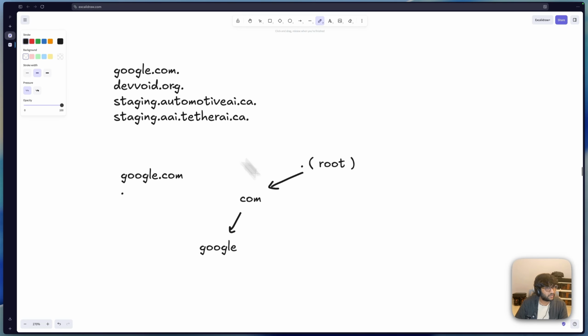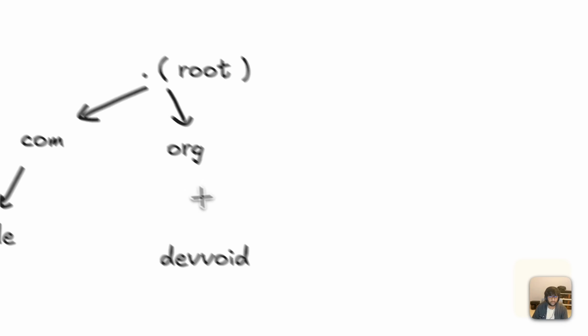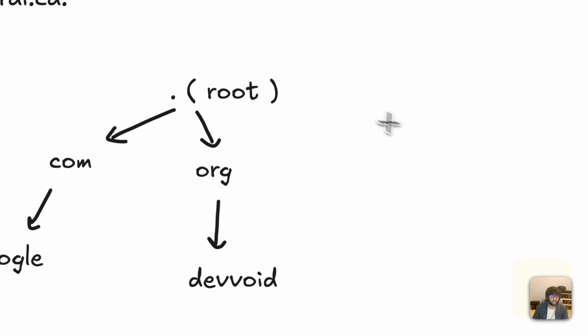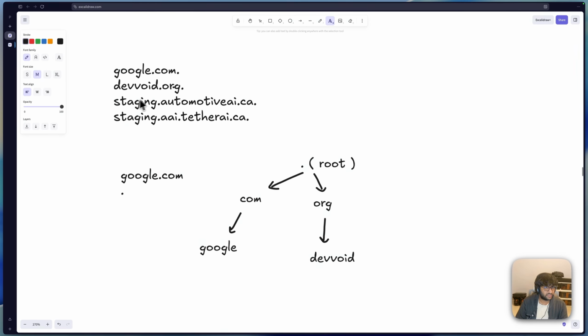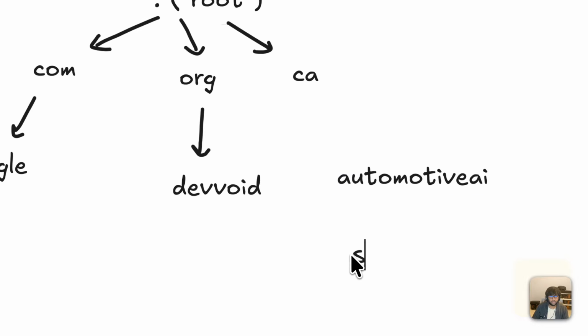Now let's take DevVoid.org. Org becomes the top level here. Then comes DevVoid. Now if we take staging.automotiveai.ca, again we go from right to left. So CA first, and then comes automotiveai, and then comes staging.